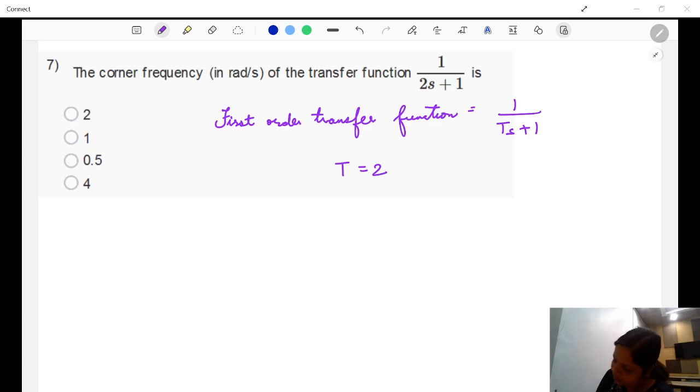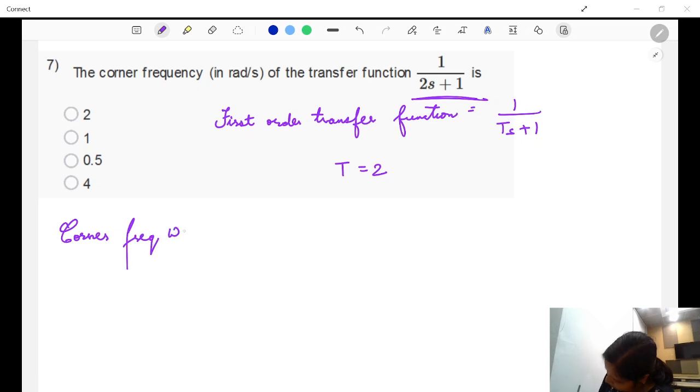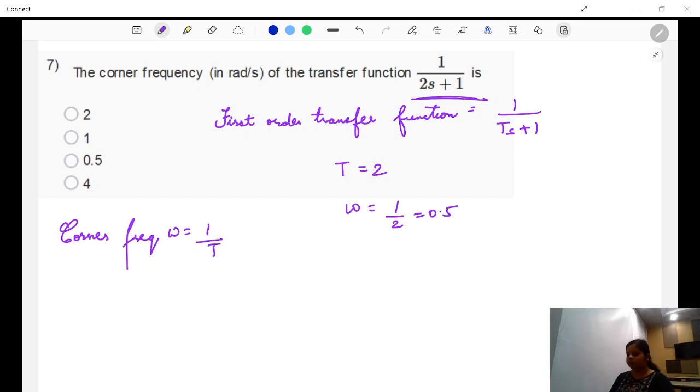And how is corner frequency defined for a first order system? We already saw that the corner frequency omega is equal to 1 upon T. So your corner frequency is 1 upon 2, which is 0.5. It is equal to omega n when we deal with second order systems, but for a first order system, it is the inverse of the time constant. So this is your answer.